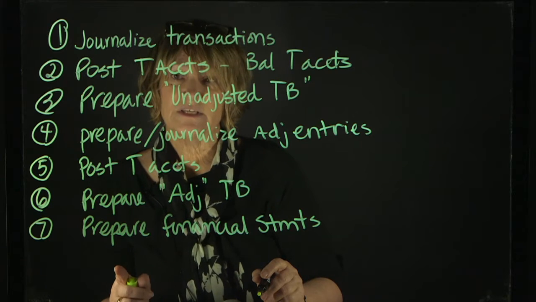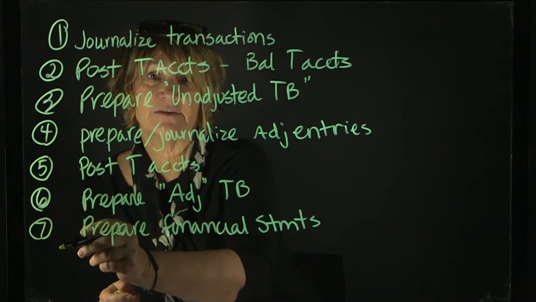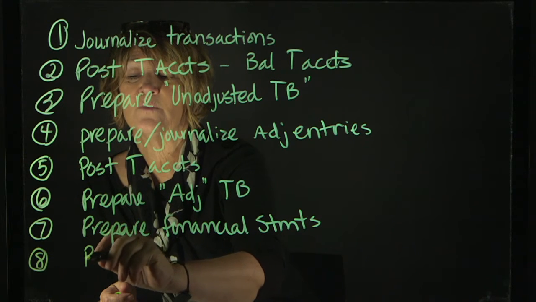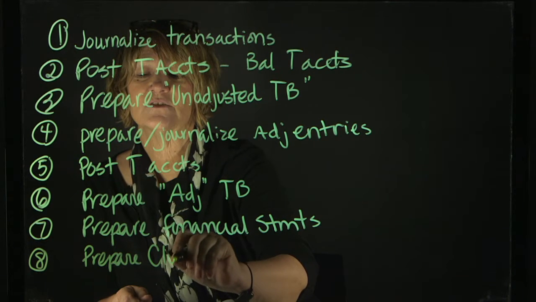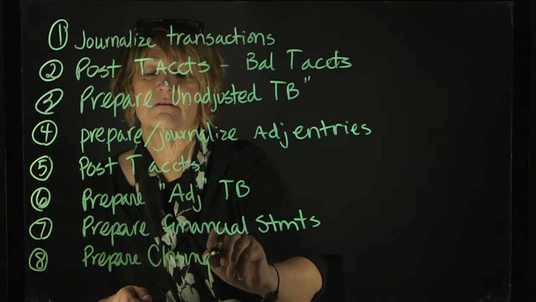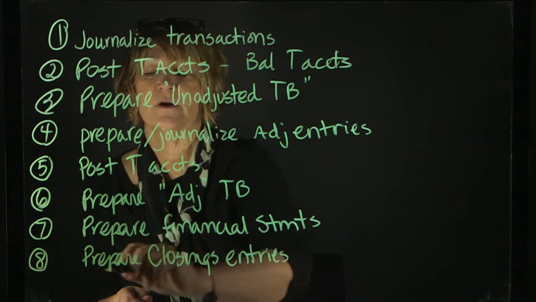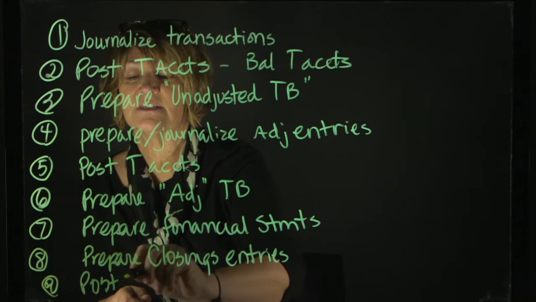Those are done once a year in the accounting cycle at the end of the company's either calendar or fiscal year. And I'm just going to write that as prepare closing entries. And we'll go over what those are here in a minute. Prepare closing entries. Number 9 is you post those to the T accounts.